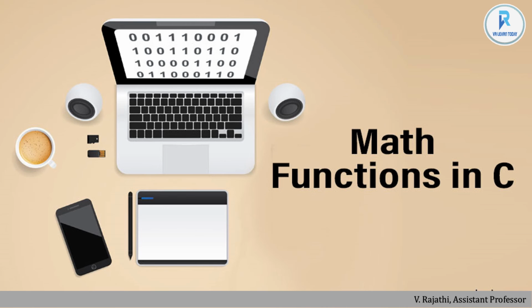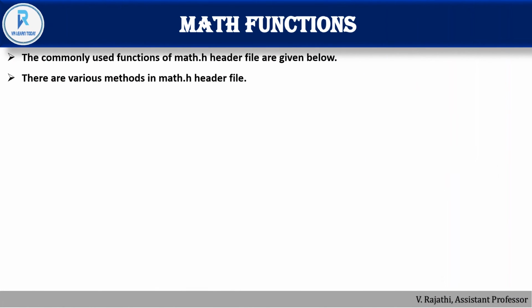So let's see what the math functions available in C are. The commonly used functions of the math.h header file are given below. There are various methods in the math.h header file.